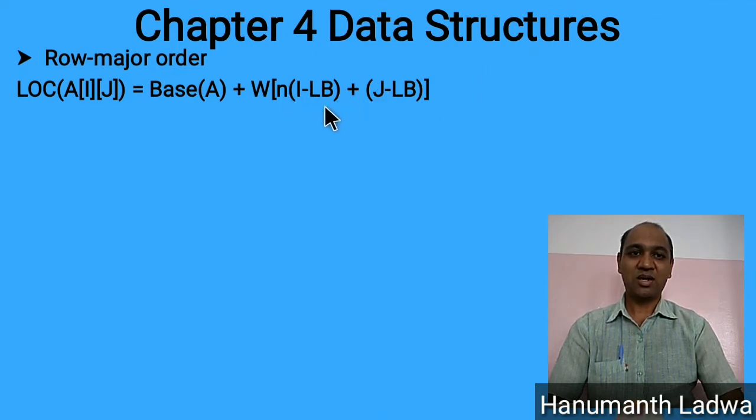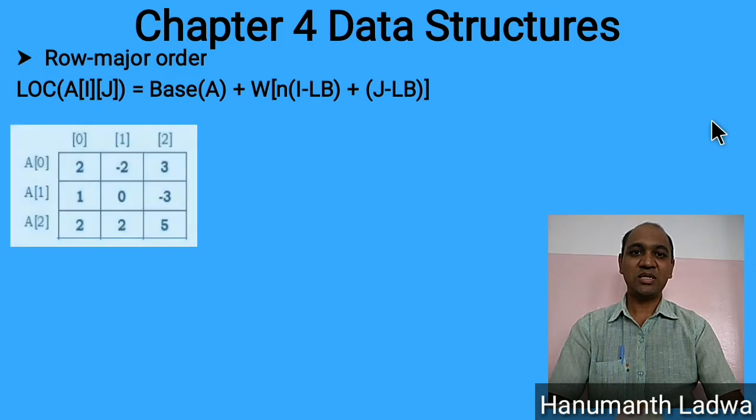Inside the round braces we have written i, that is the subscript, minus LB. LB is the lower bound, it is always 0, plus j minus LB. j is the column subscript, minus LB which represents the lower bound, and it is 0.